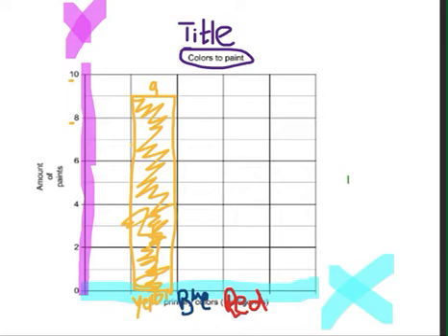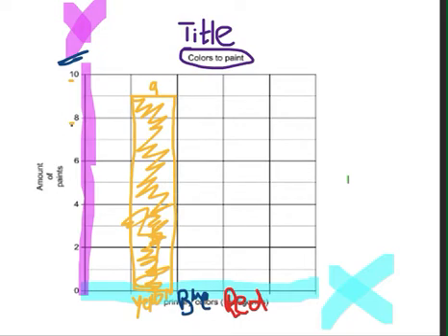Next, I remember I had some blue paints. I had 1, 2, 3, 4, 5, 6, 7, 8. I had 8 blues. So I'm going to switch my colors to blue. And now I'm looking for the number 8 on the y-axis, which tells me the amount of paints.